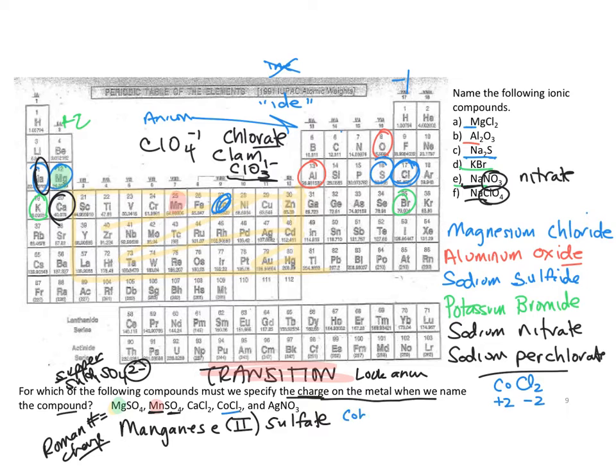So then we write cobalt, Roman numerals 2, and then chloride. And then silver nitrate. Silver is always a +1, so some people make you memorize that. I will take it either way. So silver, you can do the 1 nitrate, or you could just do silver nitrate.